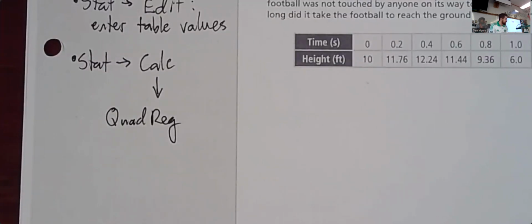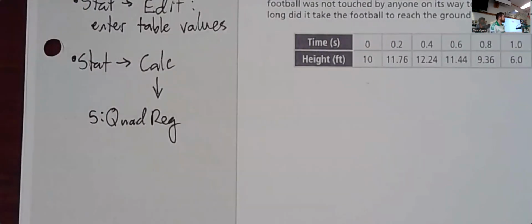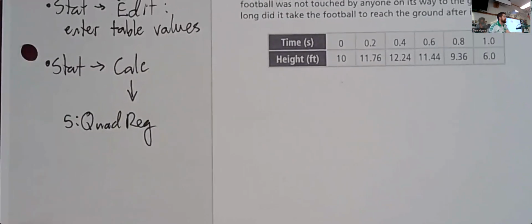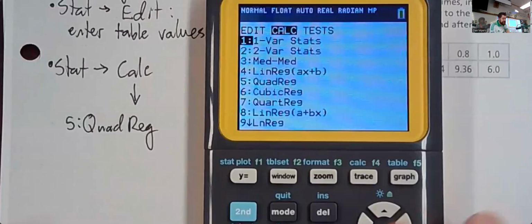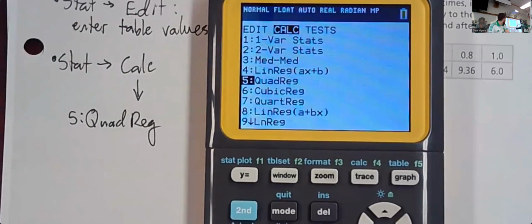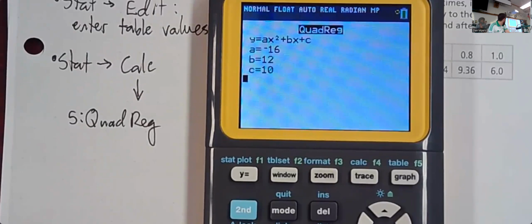So stat, calc, quadratic, which is option number 5. Because we're not looking for linear regression this time, we're looking for quadratic regression because we have a quadratic function as opposed to a linear function. So if you scroll down to option number 5, quadratic, hit enter. Just head all the way down to calculate and hit enter.